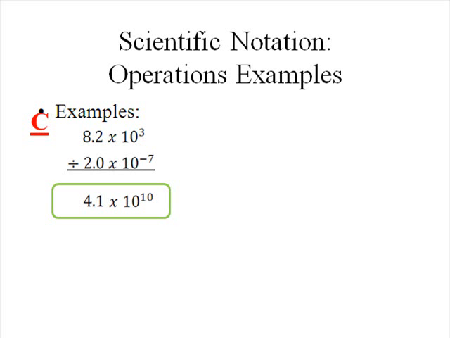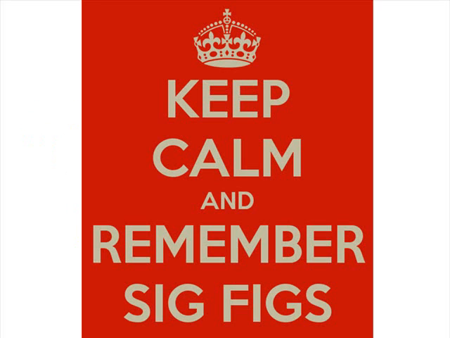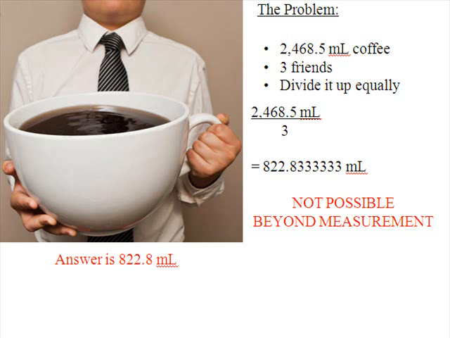Now, we have one last idea. Always keep calm, and always pay attention to SigFigs. Now, what do you mean by SigFigs? Here's the situation. You and your buddies, there are 3 of you, have been studying all night for chemistry. And you know you need a big cup of coffee to stay awake before you take the chem test. So here's your problem.